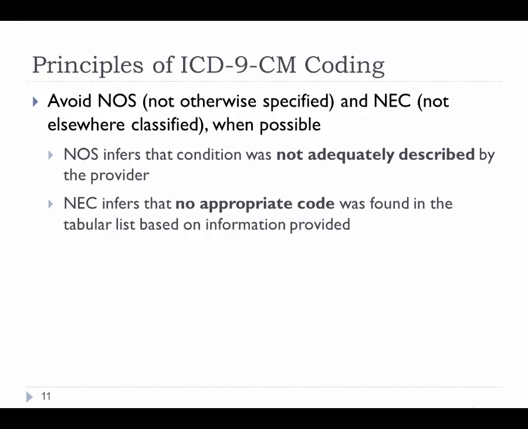When a specific code is not available for a condition, the tabular list includes an NEC entry under a code to identify the code as the other specified code. Codes titled other or other specified are for use when the information in the medical record provides detail for which a specific code does not exist.